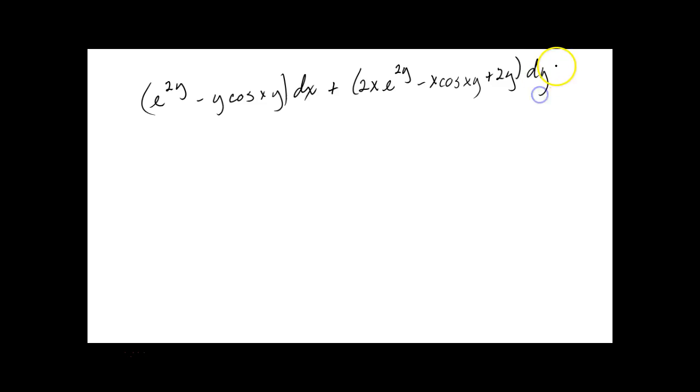Minus y cosine xy dx plus 2x e to the 2y minus x cosine xy plus 2y dy is equal to 0.